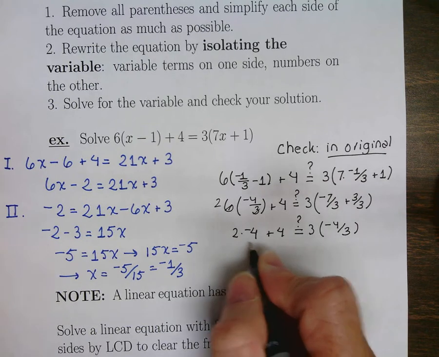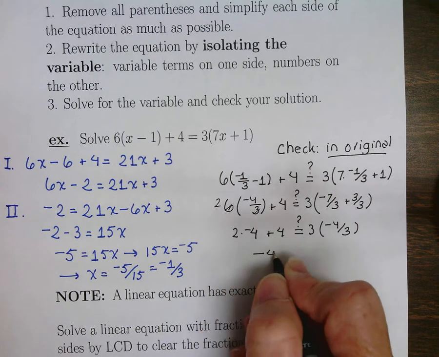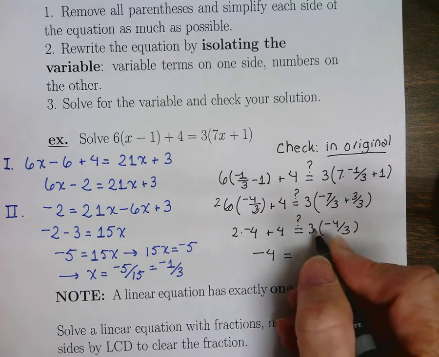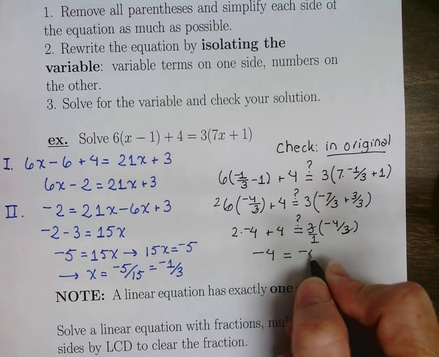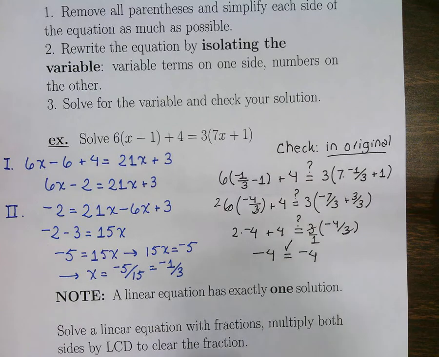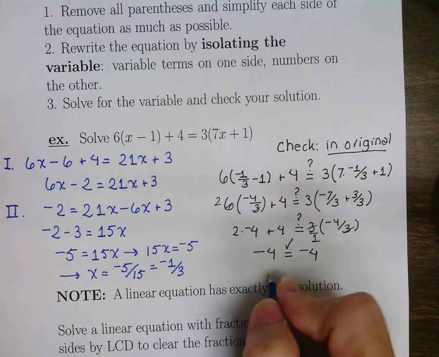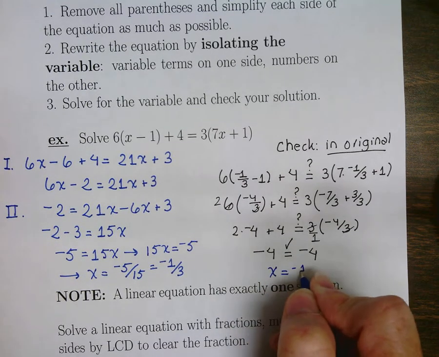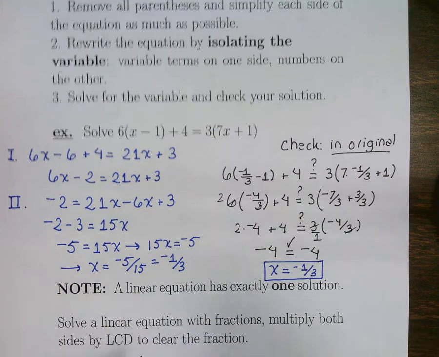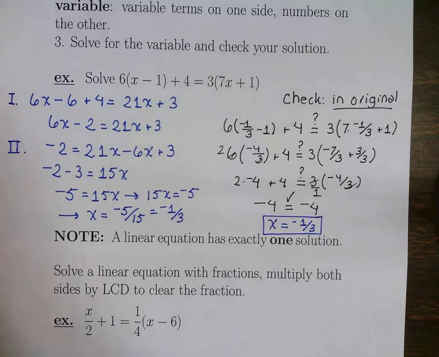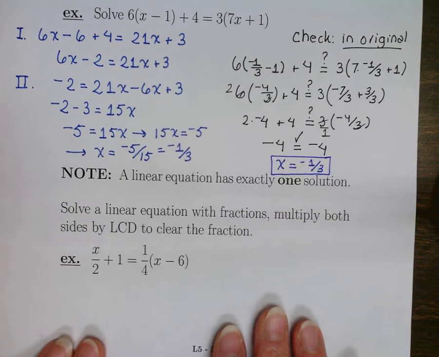So on this side I get what? Negative 8 plus 4, negative 4. Is that equal to 3 over 1 times negative 4/3? Yes. So our solution is correct. And so we have x equals negative 1/3. And so linear equations should have one solution.